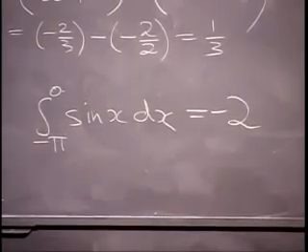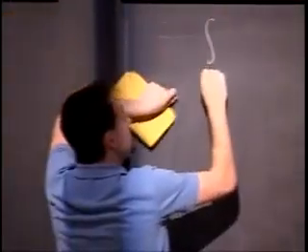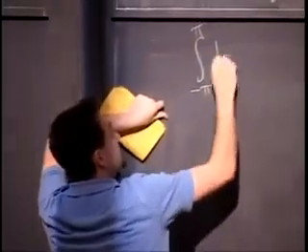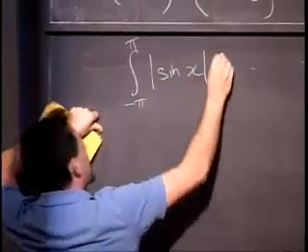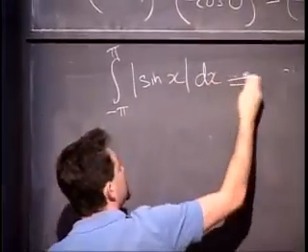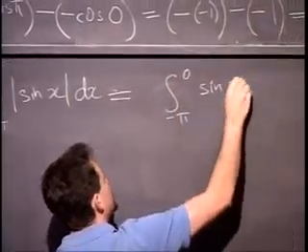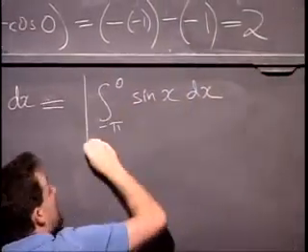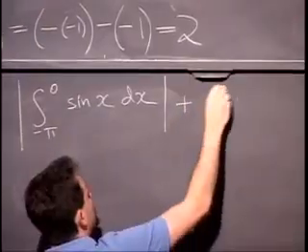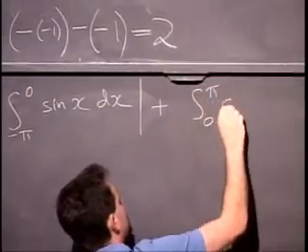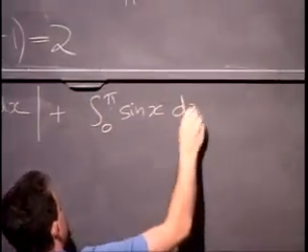So if you really want the absolute value of the whole lot, you split it up to where it's negative, where it's positive. So here's the computation of the actual area. Absolute value of sine x, I go from minus pi to 0 of sine x, and I take the absolute value of that, and then I go from 0 to pi, and I take the absolute value of this one as well.